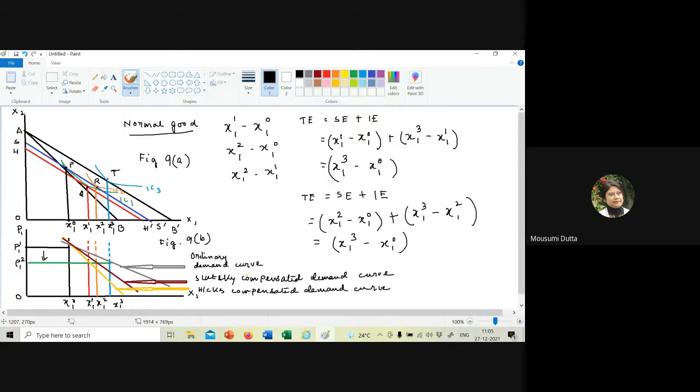Paragraph. In practice, the Slutsky income compensated demand curve is more useful.